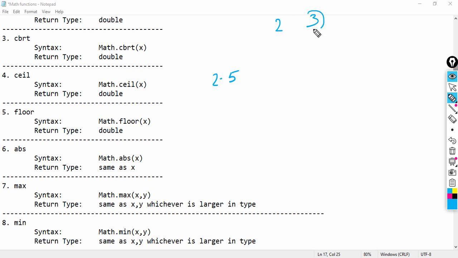The bigger number is 3. So the ceil value of 2.5 will be 3. So in the ceil function, if the decimal part of the given number is anything other than 0.0, you have to take the bigger number.